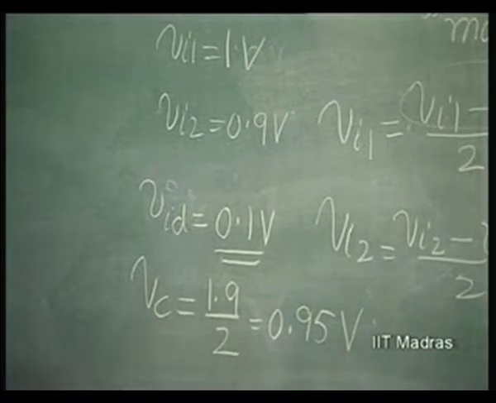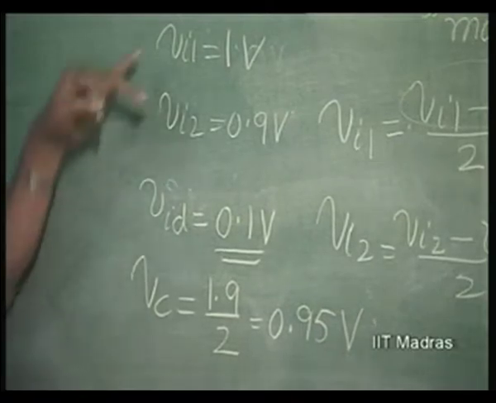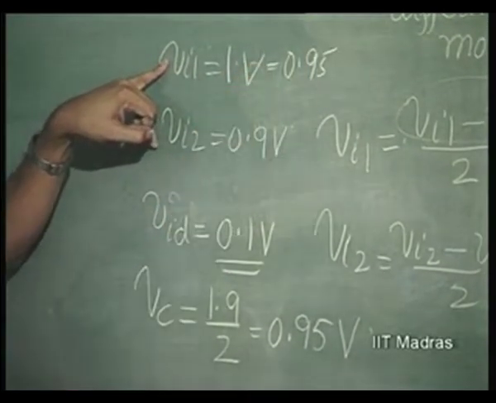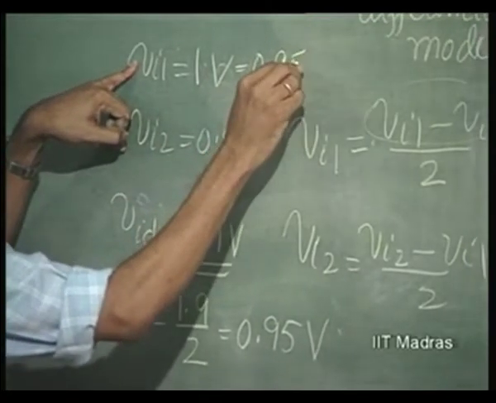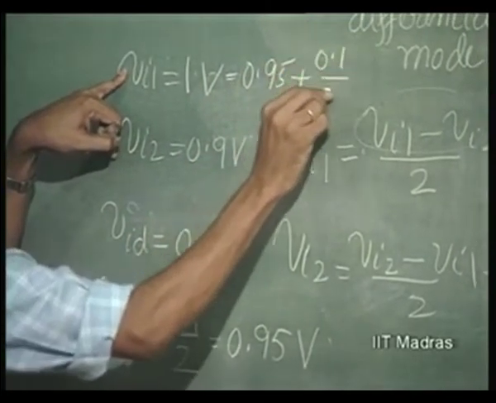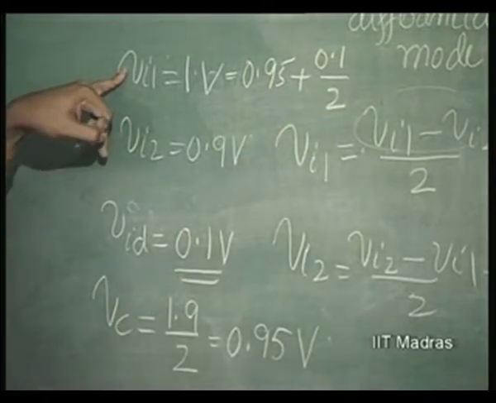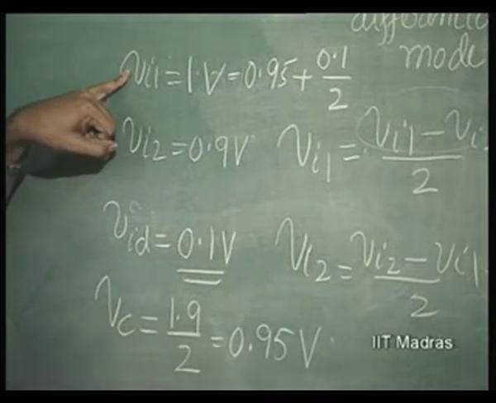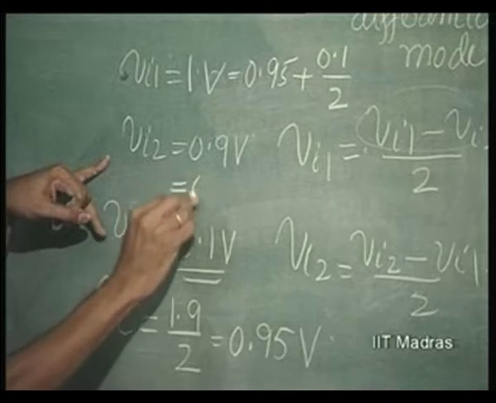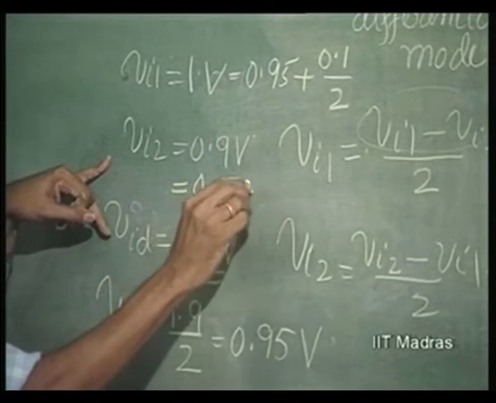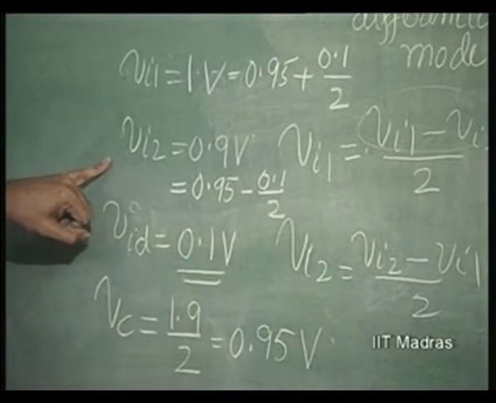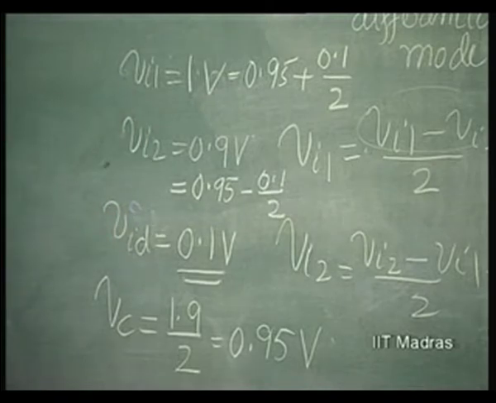So, I can write Vi1 as equal to 0.95 plus 0.1 by 2, that is 1 volt, and Vi2 as 0.95 minus 0.1 by 2. So, this is a way of representing the signal.